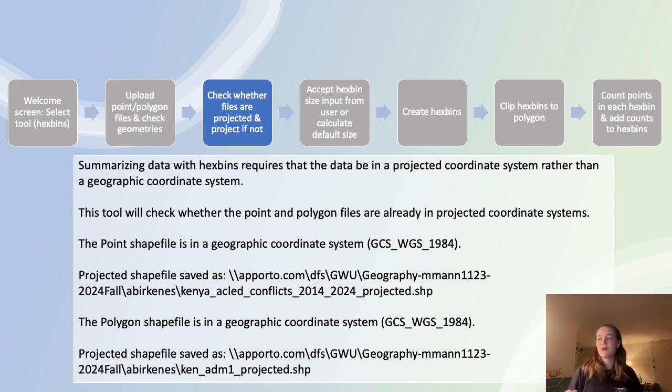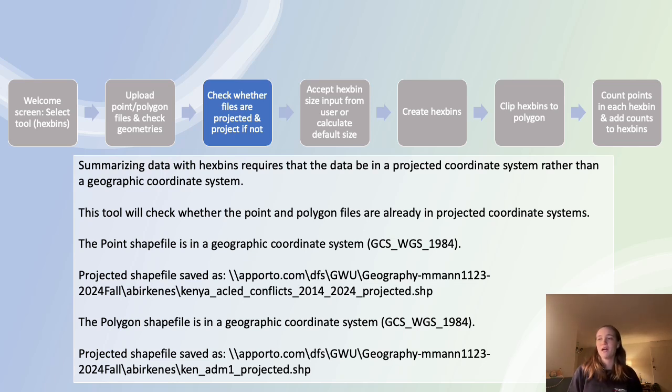For the point shapefile, the tool finds that it's in a geographic coordinate system, and it's not included in the text here, but it gives me a prompt to say which EPSG code I would like to use, so the user is able to enter an EPSG code corresponding to their desired projection.